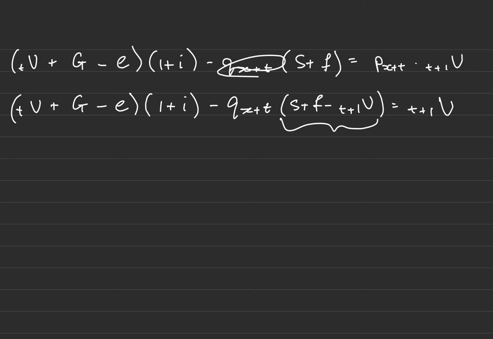But if they die with qx plus t, then this accumulated amount should just equal to the s plus f thing. So that's essentially another way of thinking about it. So I've given you a few ways to think about it. Pick whichever one makes the most sense to you.